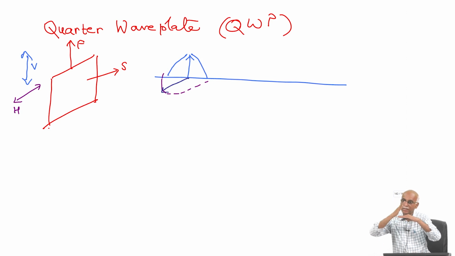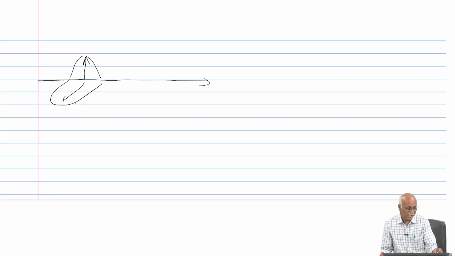I just converted them into vertical and horizontal components. Now, they are propagating through this quarter wave plate material. They have the same amplitude, here it is not so, but both the waves have the same amplitude.